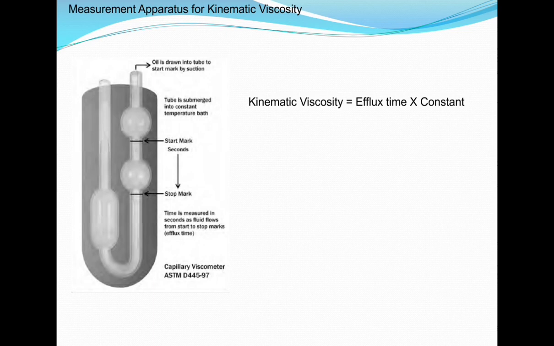And you know, kinematic viscosity is measured in centistokes, and absolute viscosity is measured in another unit, that is poise or centipoise. Absolute viscosity is normally preferred for the analysis of used oil.